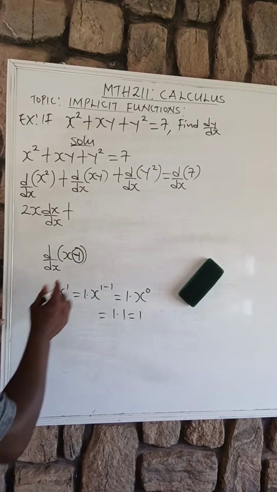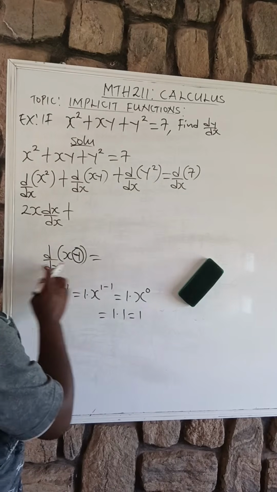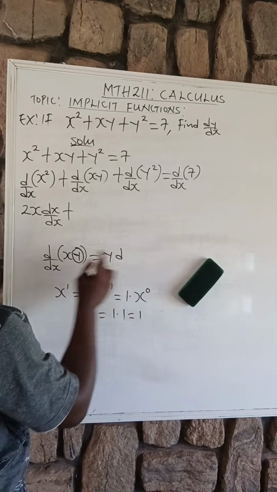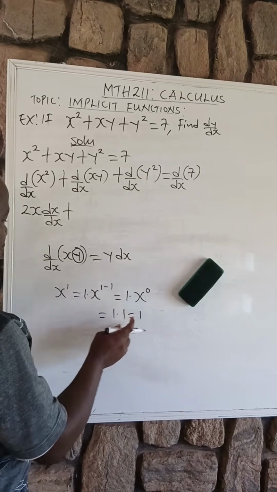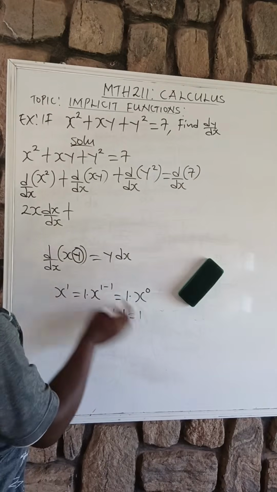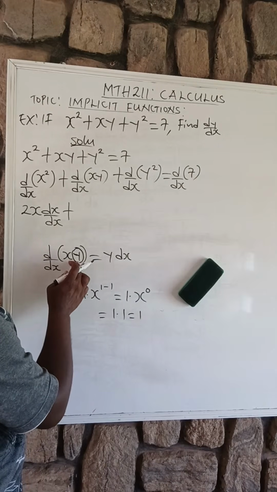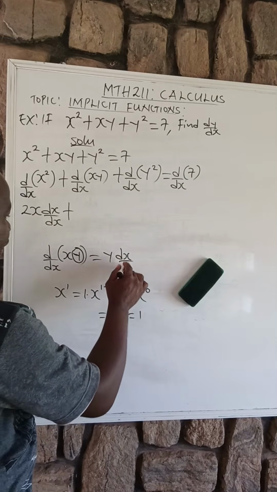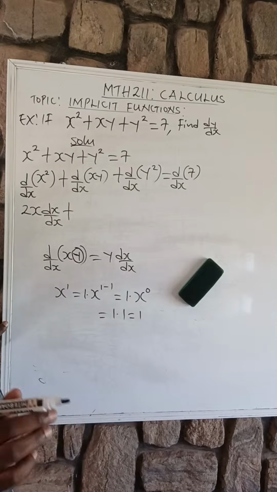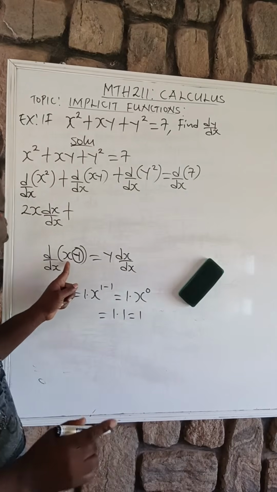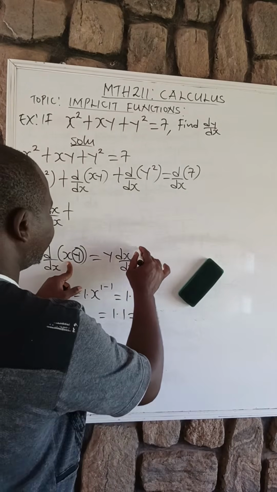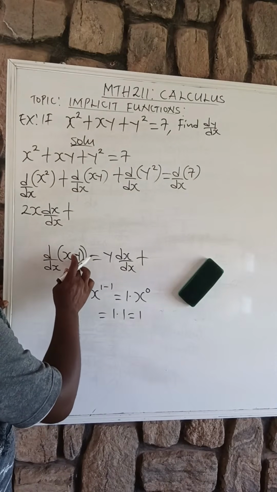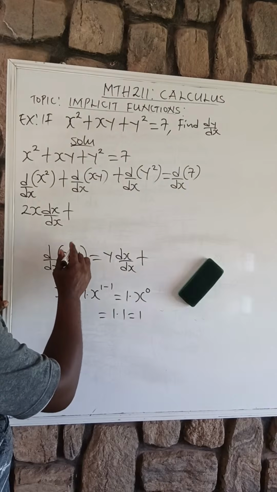So this is how it will be: y dx all over dx. Then, since there are two functions, you put plus, and this time around you are going to hold x constant.